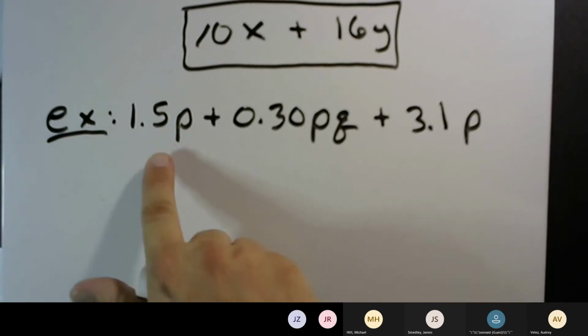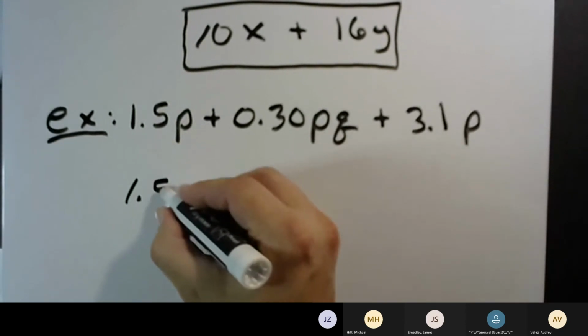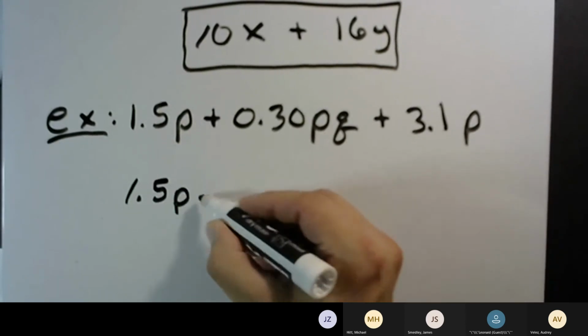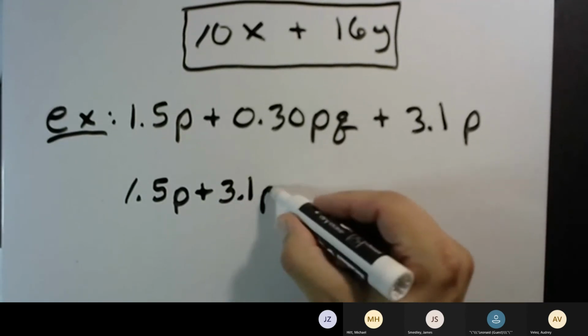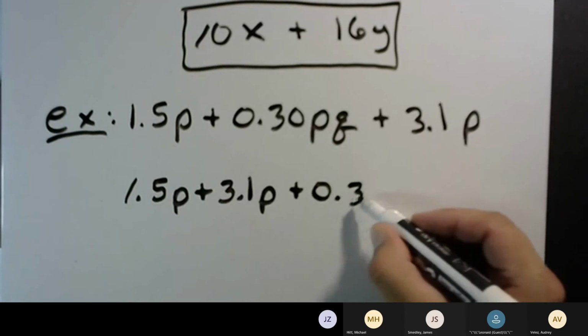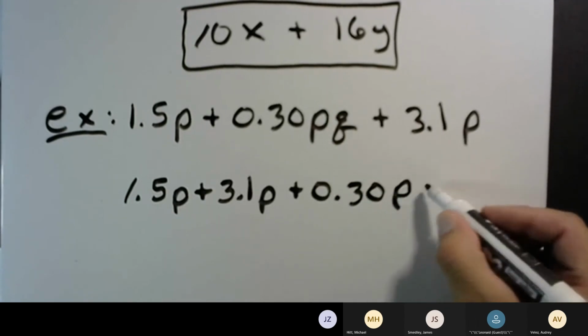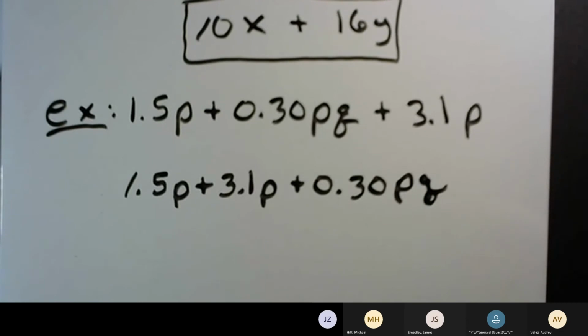Now, once again, we're going to gather like terms. So we have some type P's. And we have a type PQ. Now, there's nothing for the type PQ to combine with. But there is something for the type P's. They can combine.